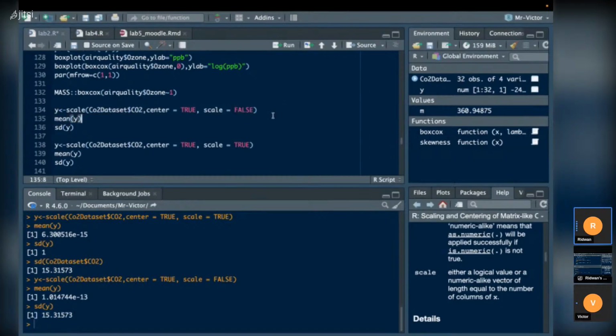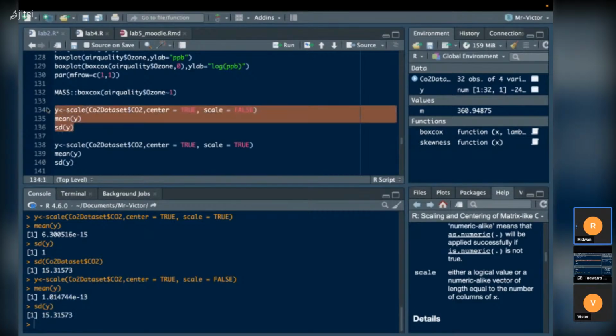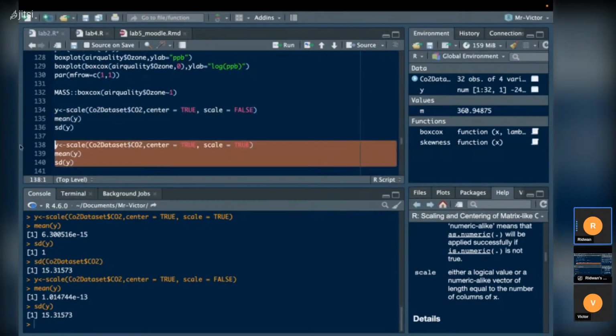This is the original one, the initial one. And this is for the first case, whereby we're only affecting the mean and not the standard deviation, while this is the second one, whereby we're scaling both the mean and standard deviation.